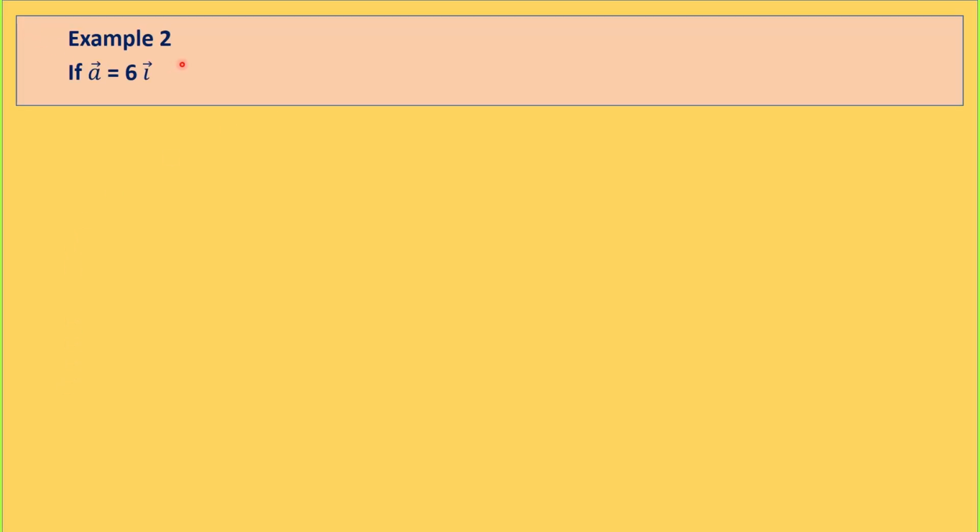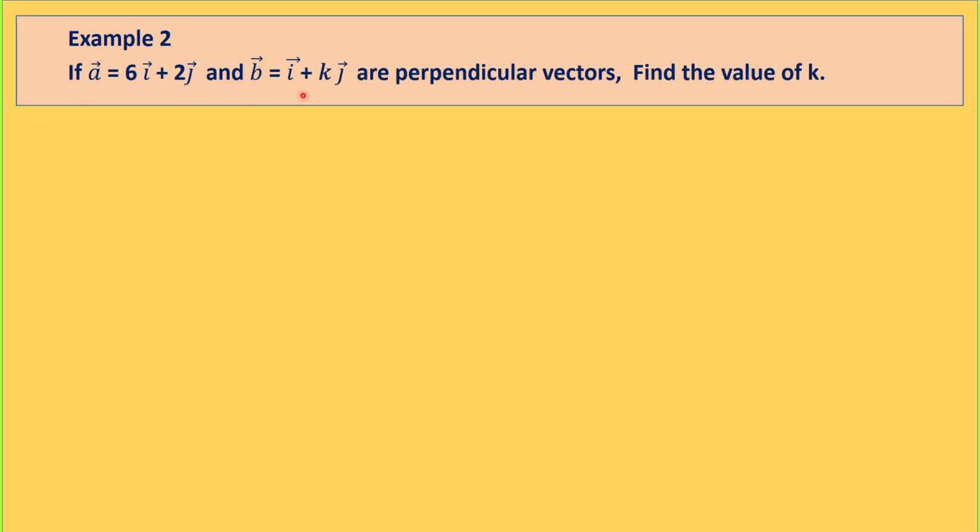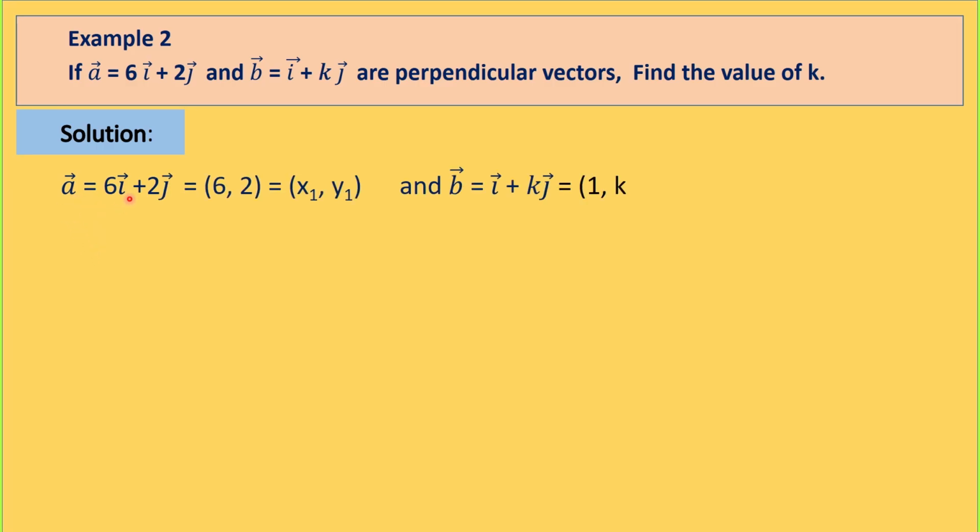Now we are discussing the second example, which is given here. If vector A is equal to 6 vector i plus 2 vector j and vector B is equal to vector i plus k vector j are perpendicular vectors, then we have to find the value of k, which can be solved as: given vector A is equal to 6 vector i plus 2 vector j, that can be written as (6, 2).